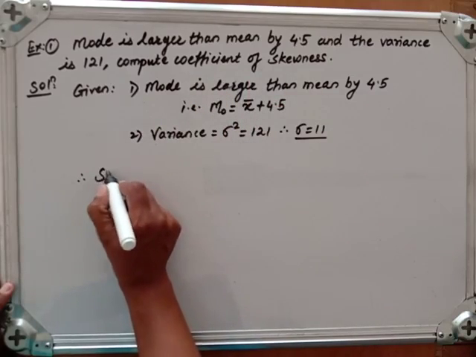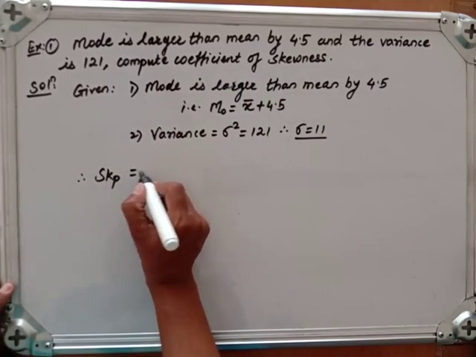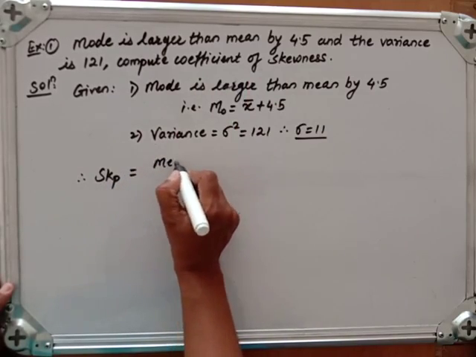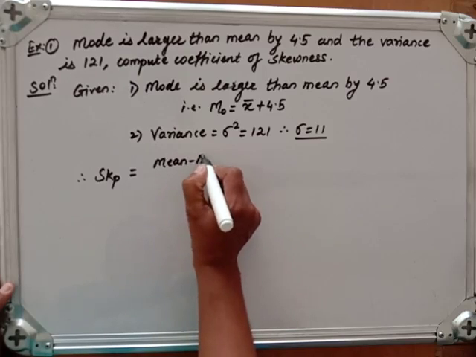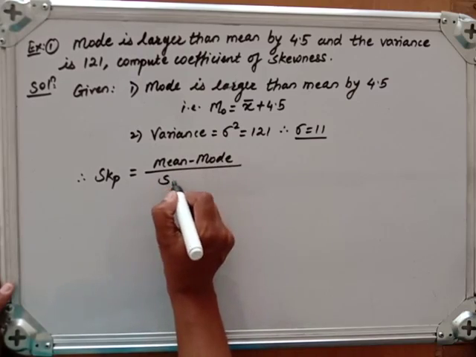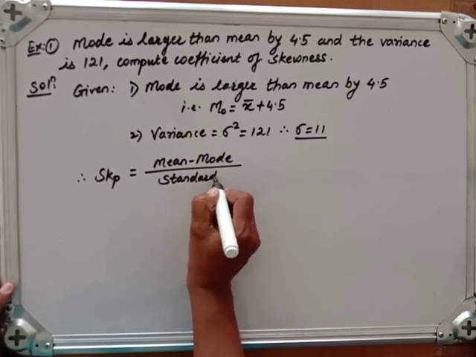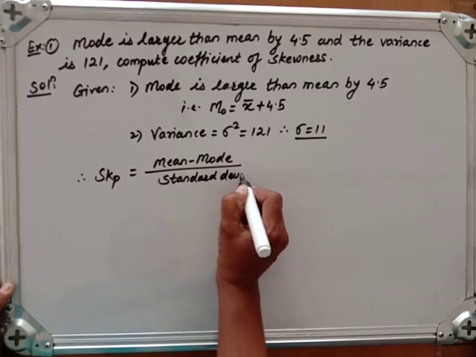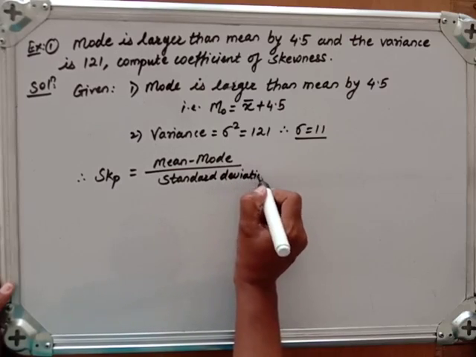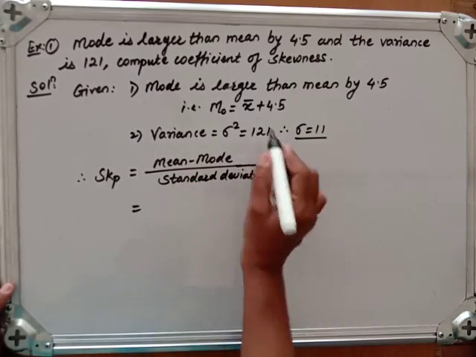Therefore the coefficient of skewness is mean minus mode upon standard deviation. Now what is mean minus mode? Look at here.